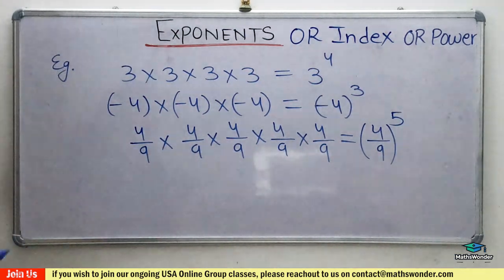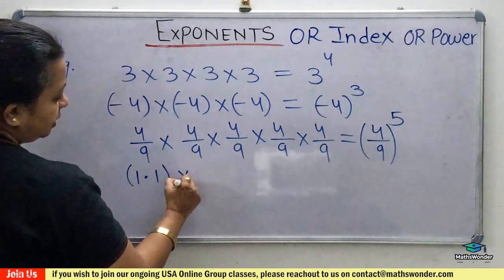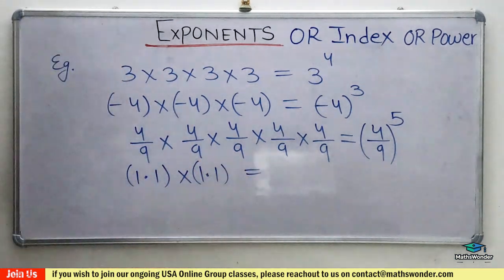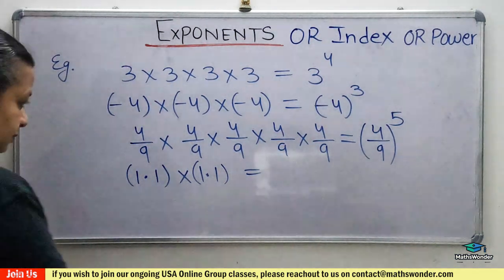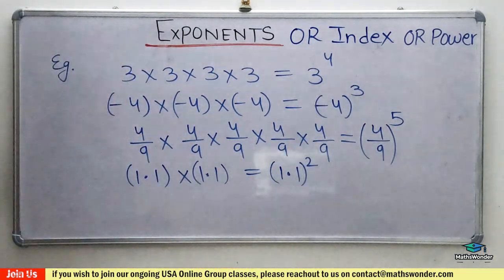Got it? In the next grade, there is more difficulty. There are fraction questions and decimal questions, suppose 1.1. How will you write it in exponential form? This is the decimal question. 1.1 raised to the power 2, right?